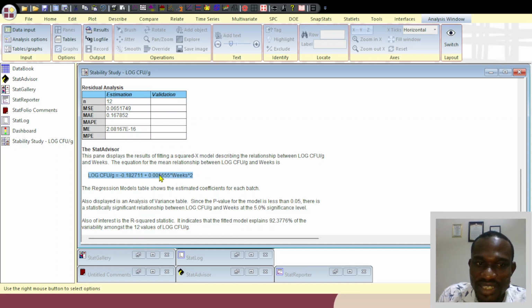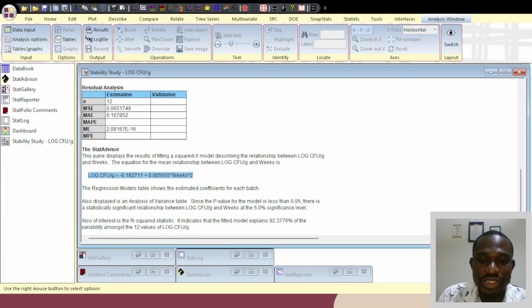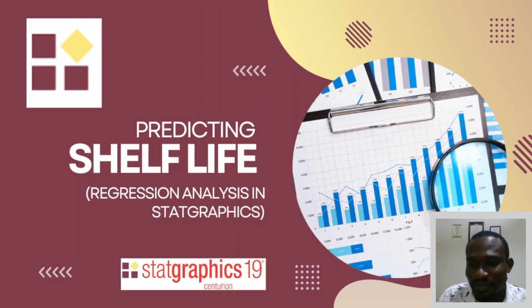Because all these constants tell you the property of your sample. So you can put in your value here, the limits or the reference standard, and then use that to calculate your number of weeks or your X. So that's as simple as that, if you are using Excel or any other statistical package to do this kind of analysis.